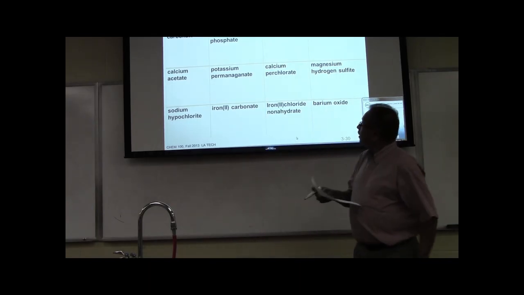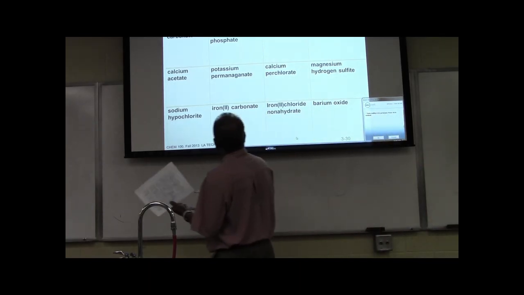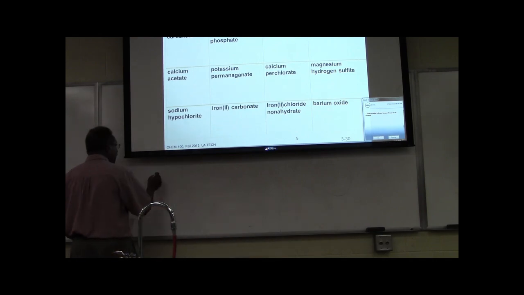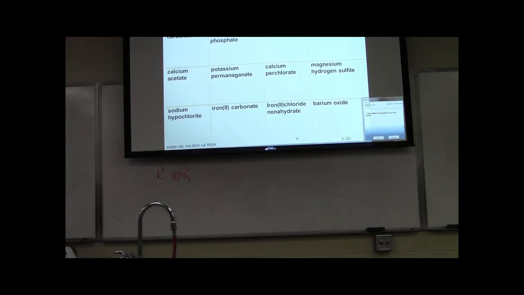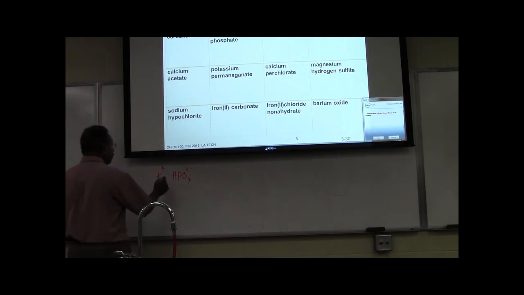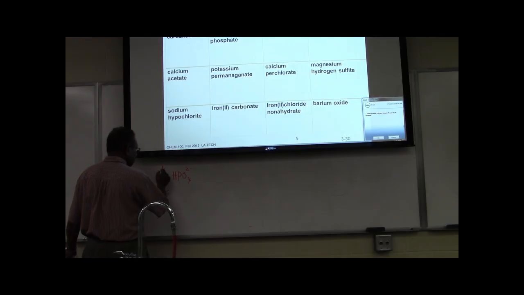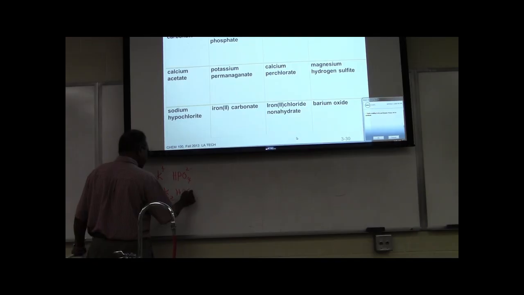Okay, second one, potassium hydrogen phosphate. I'm going to write down potassium is this. Hydrogen phosphate is this, 2 minus. Agreed? Potassium hydrogen phosphate. Now the formula has to be 1, 2, K2HPO4.